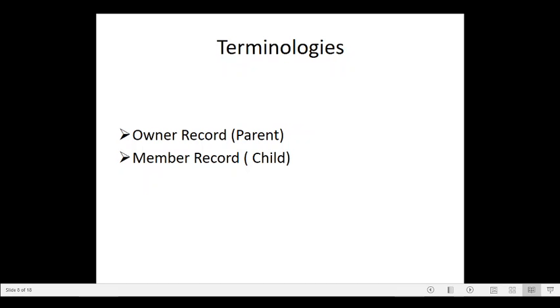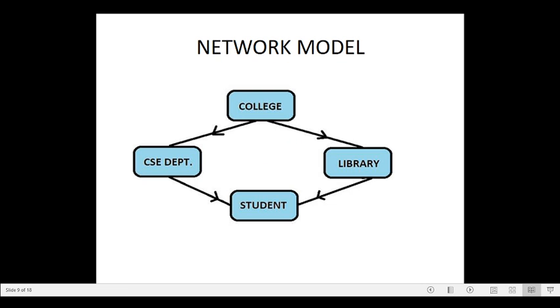Similar to what we had understood in the hierarchical model, where we saw one segment as a parent and the other segment as a child, where the relationship established is like parent and child. Here, the same thing is renamed as owner record and member record. Parent node is called the owner record and the child node is called the member record.